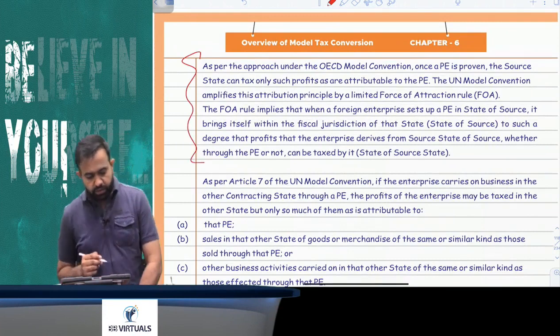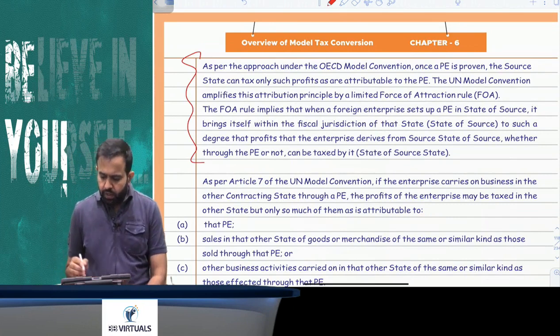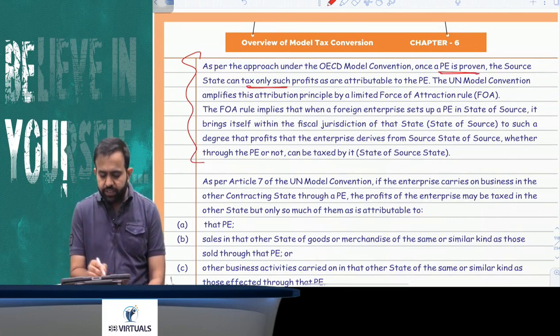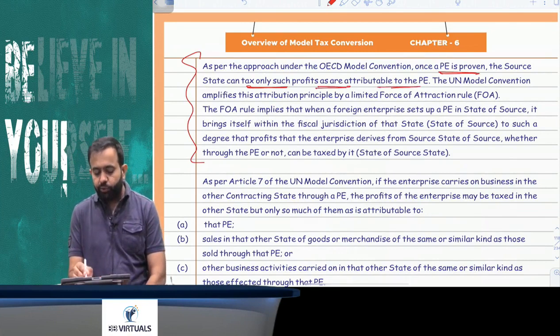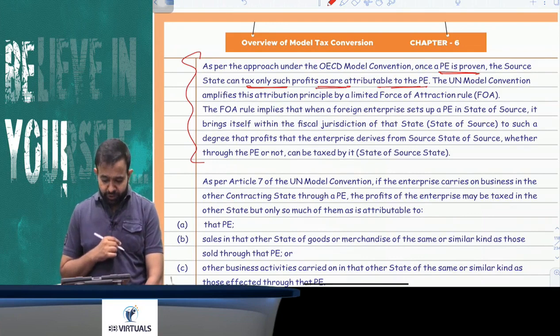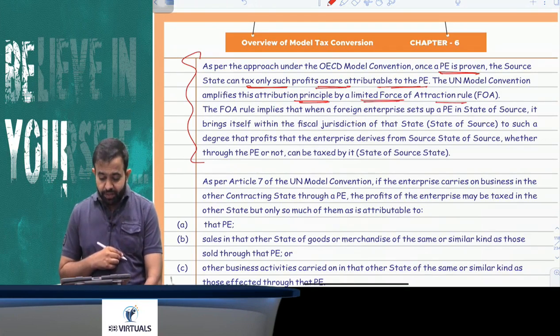Pay attention. As per the approach under the OECD model convention, once a PE is proven, the source state can tax only such profits as are attributed to the PE. But the UN model convention amplifies the attribution principle by the limited force of attraction rules. Now what is the limited force of attraction rule?